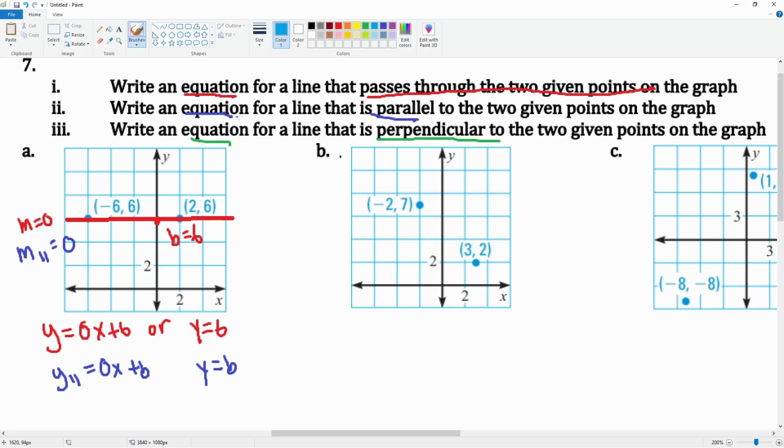Then, if we want the m perpendicular, the inverse of 0 is actually undefined. Okay, so the perpendicular equation would be x is equal to any value here. We can just say x is equal to a. Okay, that would be for the perpendicular slope.